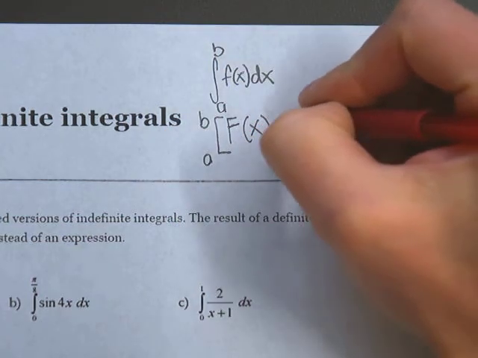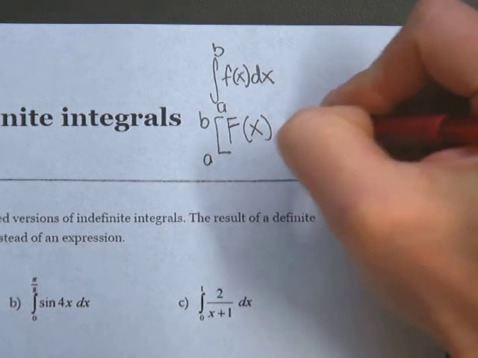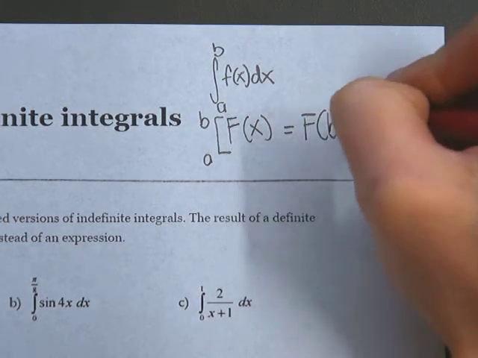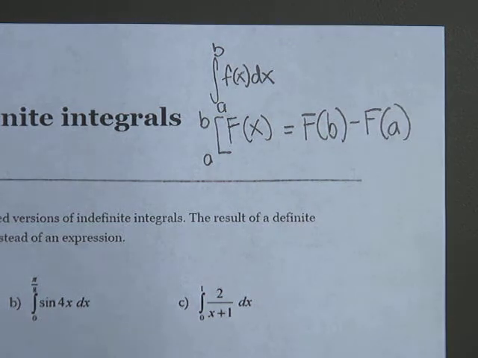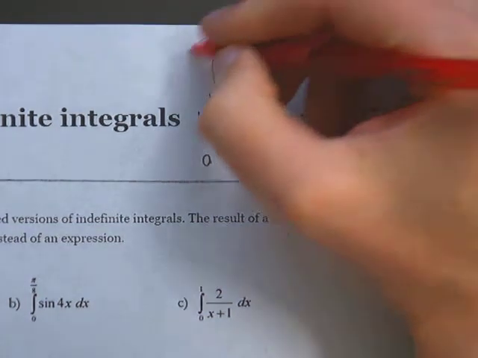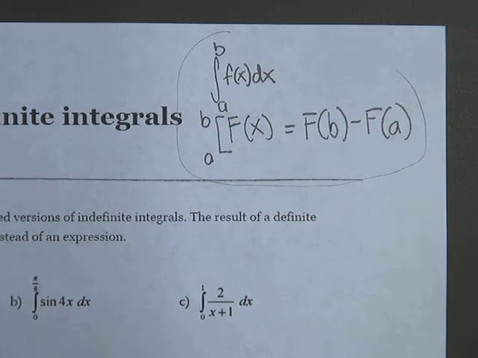So I'd write my answer as big F of b minus big F of a. This is the general case.